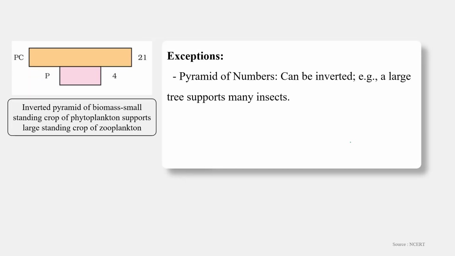Okay, but there are certain exceptions, like the pyramid of number. It can be inverted if a large tree, see, this is a large tree, supports many insects or many birds.